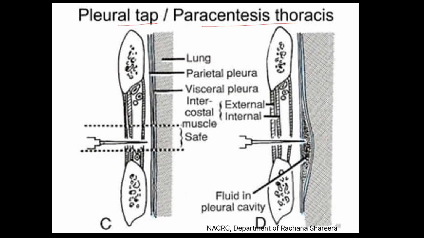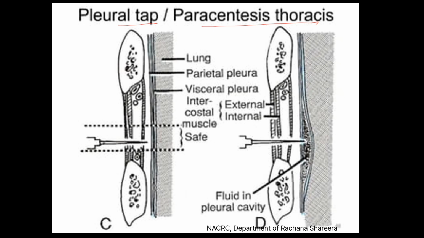Pleural tap, or paracentesis thoracis. We discussed in the last slides that at the level of the 8th costal rib space we can puncture with the needle and take fluid from there.